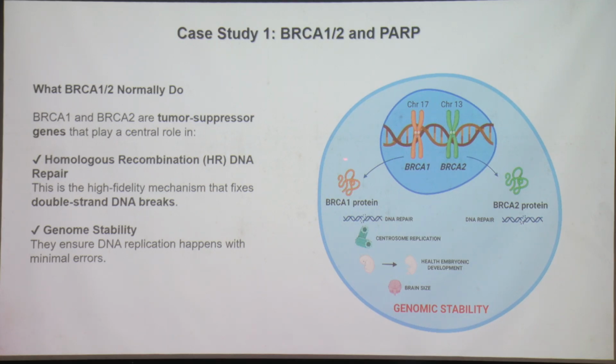These proteins are involved in repairing the double-stranded breaks by a process called homologous recombination, or HR. That is the function of BRCA1 and BRCA2, and they ensure DNA replication happens with minimal errors. DNA is our hereditary material, so cells make all efforts to make sure no mutations are introduced.